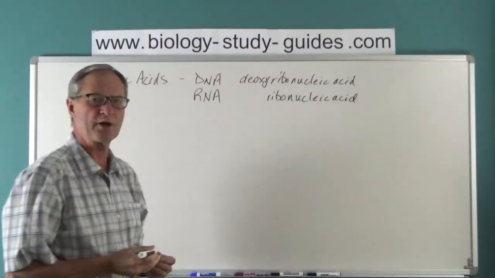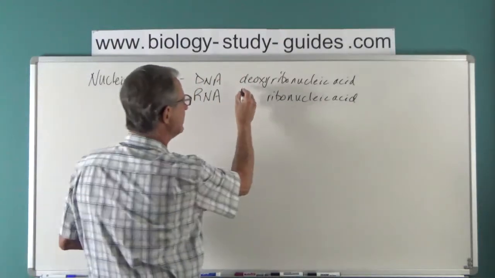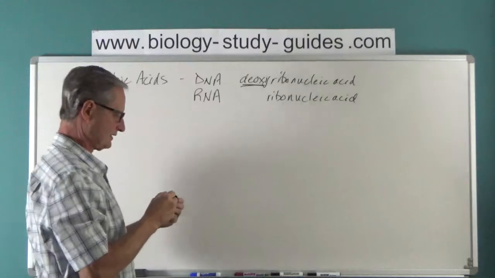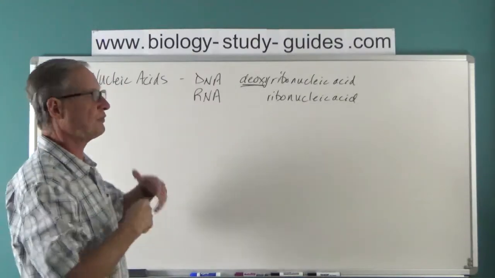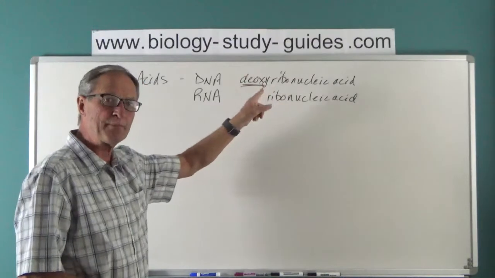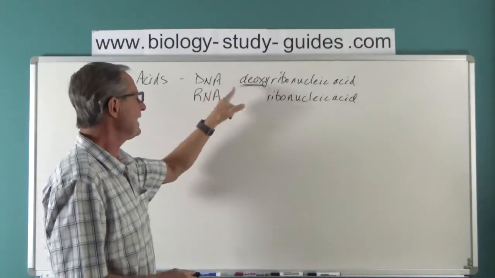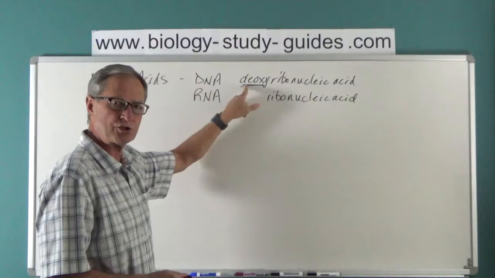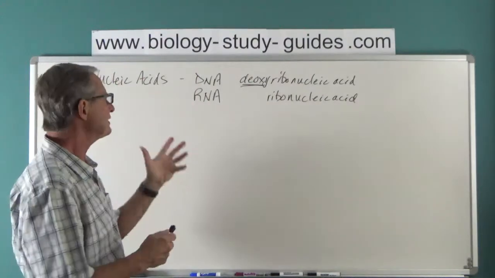I wrote it this way on purpose so you can see that we're dealing with something very similar. They're both ribonucleic acids, but the ribo, which is short for ribose sugar, in DNA is missing an oxygen, and I'll get to that. So anyway, let's get on with it.